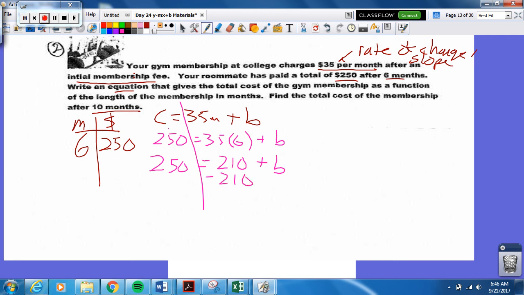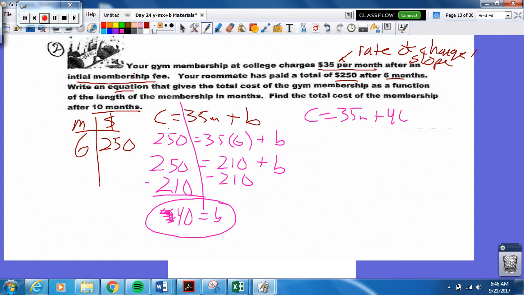Subtract 210, subtract 210, and we have 40 equals b. No, sorry, just 40, my bad. So the cost equals $35 a month plus $40 initial fee.